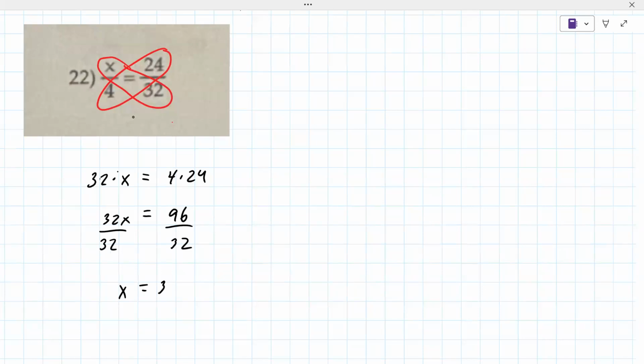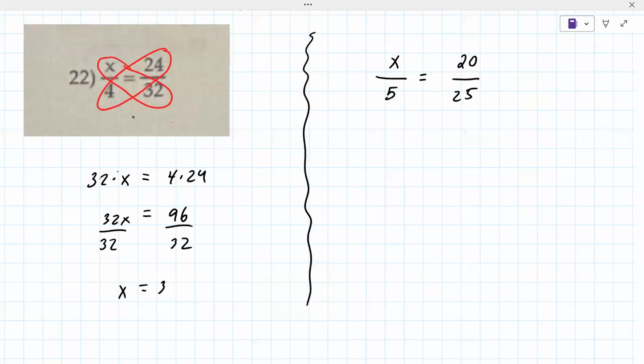Any questions on that before I give you one to try? No. Okay. Go ahead and try solving that one. It's very similar to the last one we did.